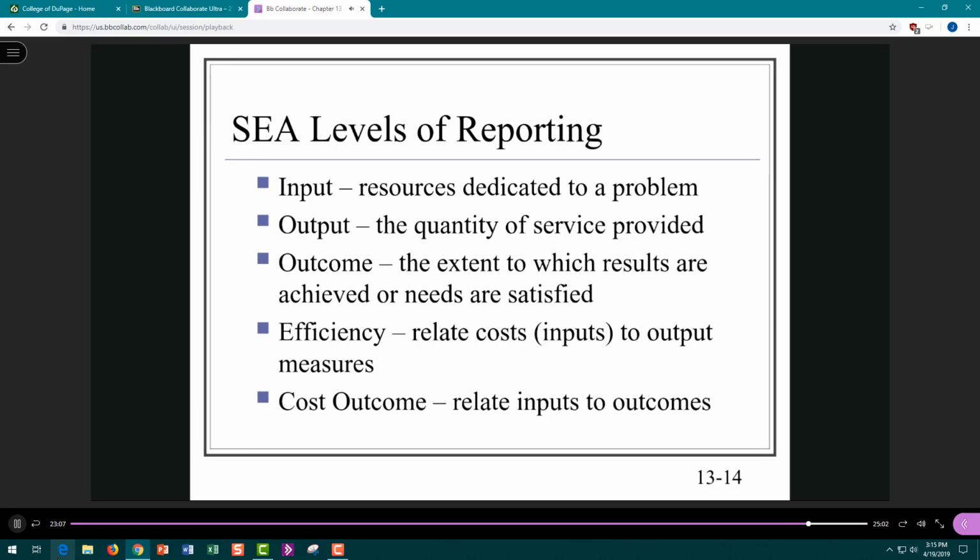Or arguably a better measure is a cost outcome measure, which takes those same types of inputs and compares them to outcomes. So if you were to take that same number of teachers in the numerator and compare them to, say, some kind of standardized test score measure in the denominator, that would give you insight as to how many teachers are needed to generate whatever the outcome is.